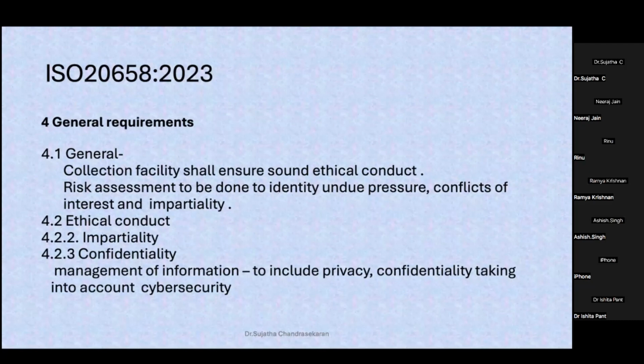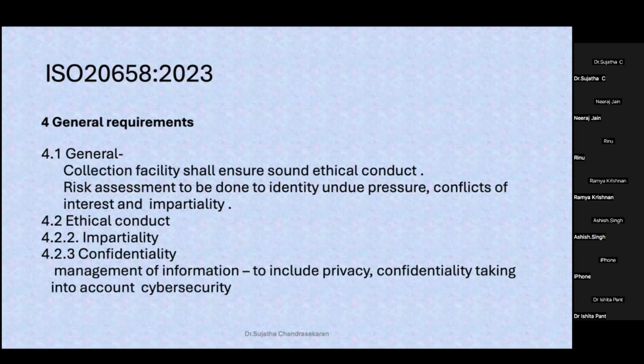In the same way, it also has to go through the entire data collection procedures, then the documents and records that it creates and the accessibility to others, and ensure that confidentiality is maintained and how it is maintained. This kind of risk assessment is generally missing. So I thought I would make a mention here.